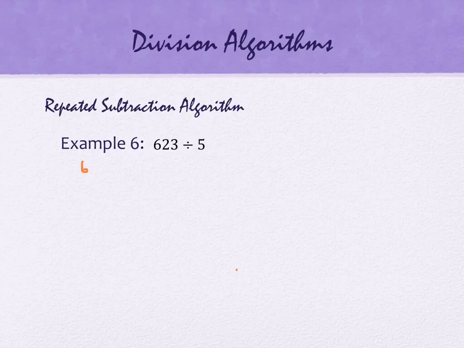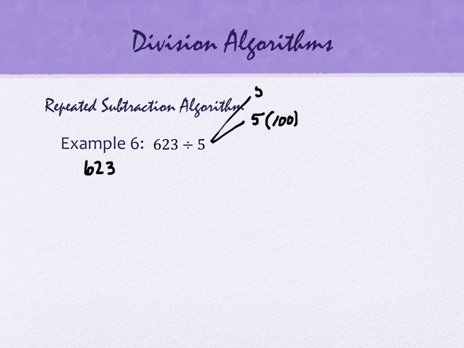We're going to take our number 623 and basically we're going to subtract values of 5 times the place values of our base. Right, so like 5 times 100. Technically you could do 5 times 1,000, but that's bigger than our number this time around.